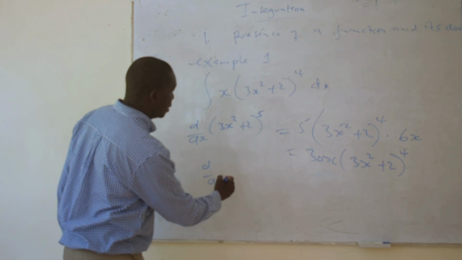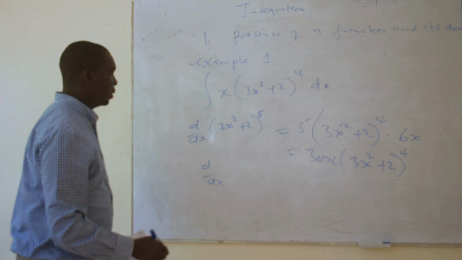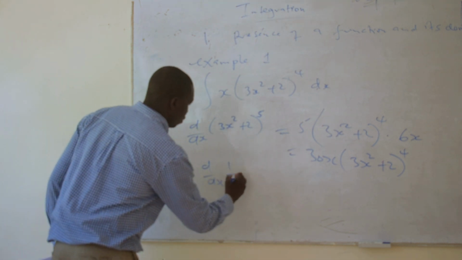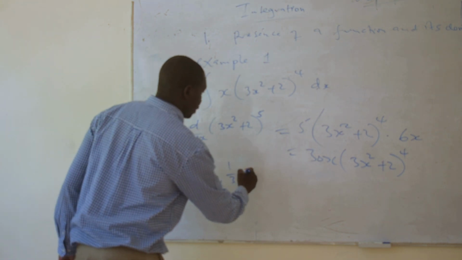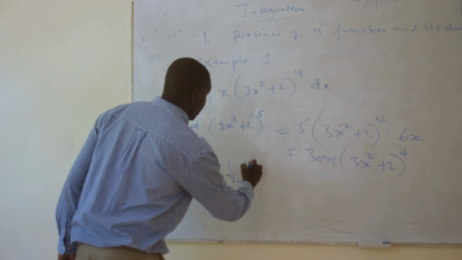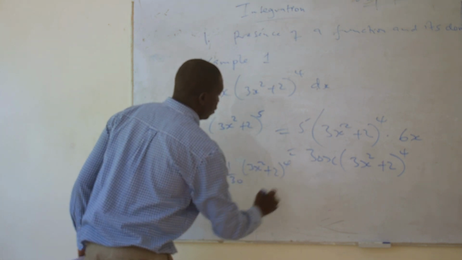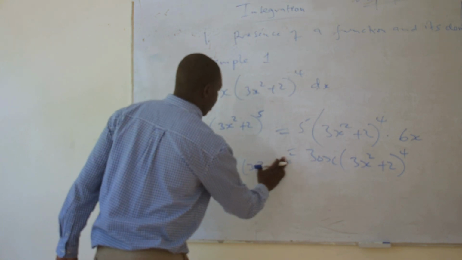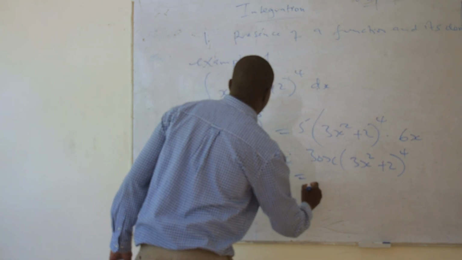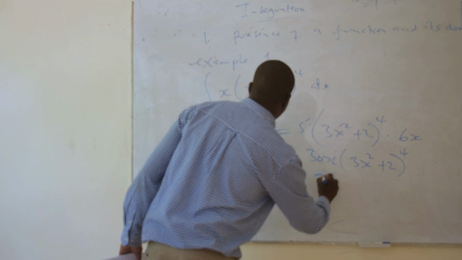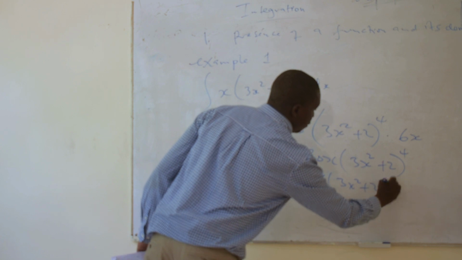Therefore d/dx of 1/30 (3x squared plus 2) raised to the power 5 is equal to x (3x squared plus 2) raised to the power 4.